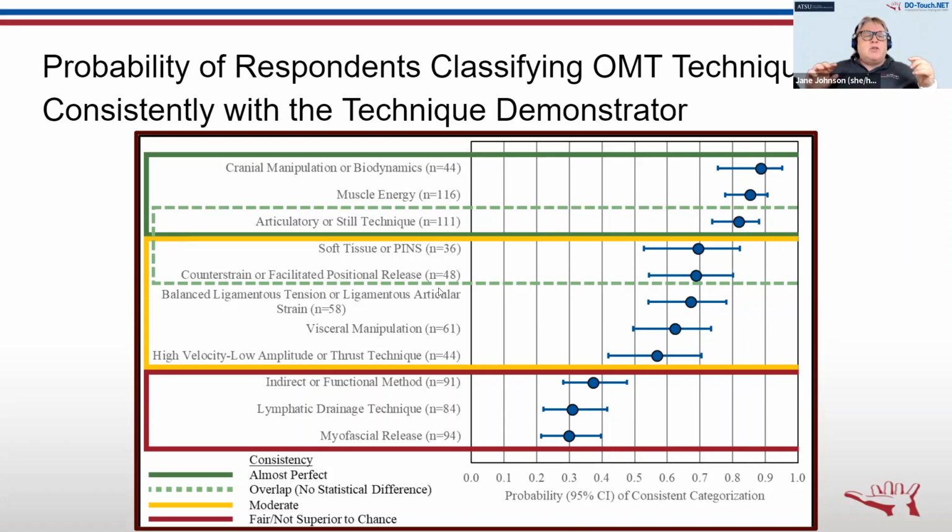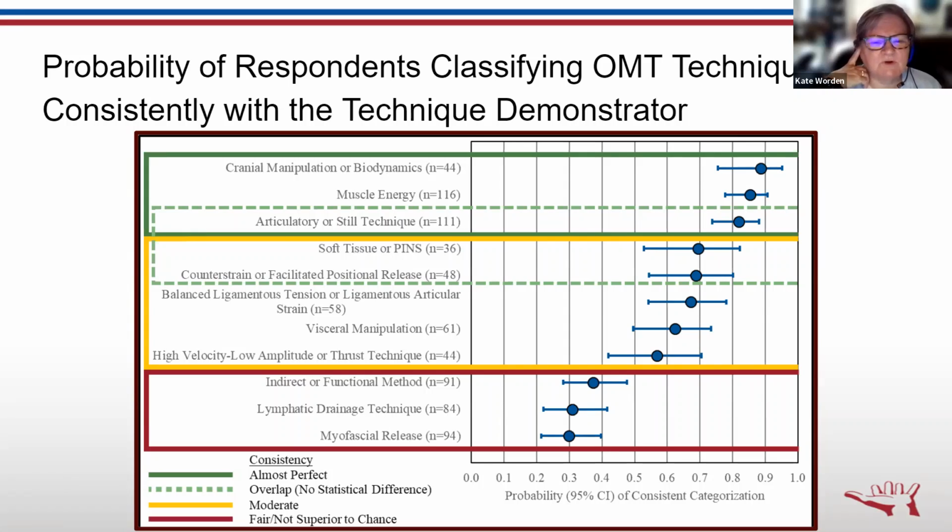We only had one video of soft tissue and one video of counter strain, whereas we had two, maybe three videos of muscle energy and the same for articulatory or still technique. So the sample size is smaller, so the confidence interval is bigger because we have more uncertainty. Does that help?